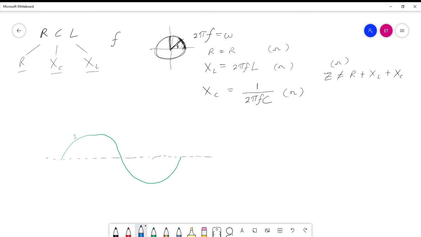It's going to be right in step with that. As current rises and falls, the voltage of a resistor follows. It'll be right with that. So that's why we can use the voltage across a resistor to always know what's happening as far as current in the circuit.